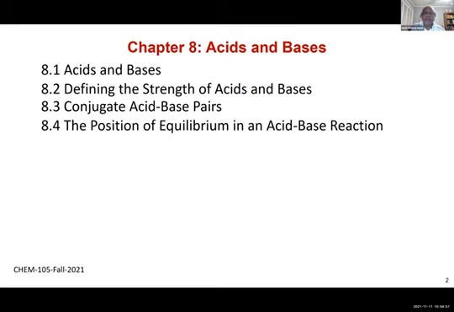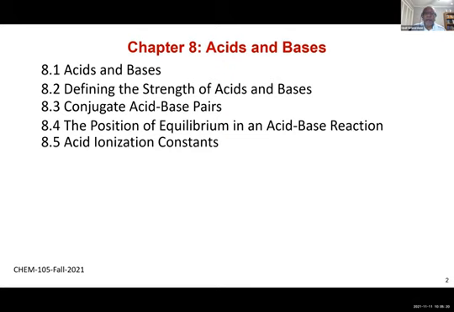The position of the equilibrium in a Bronsted-Lowry acid-base equilibrium is given by an equilibrium constant. These acid equilibrium constants are called acid ionization constants.